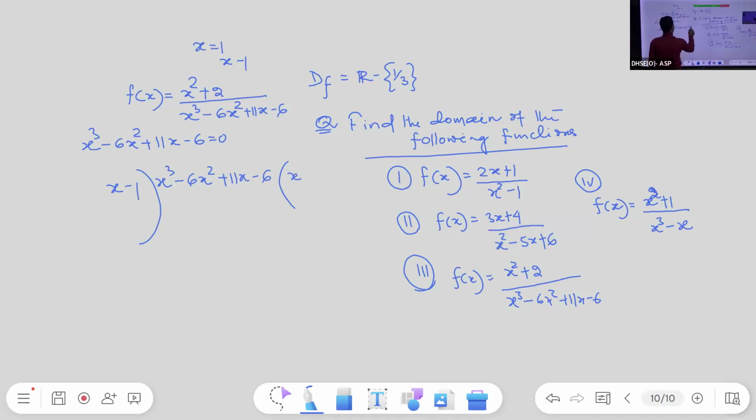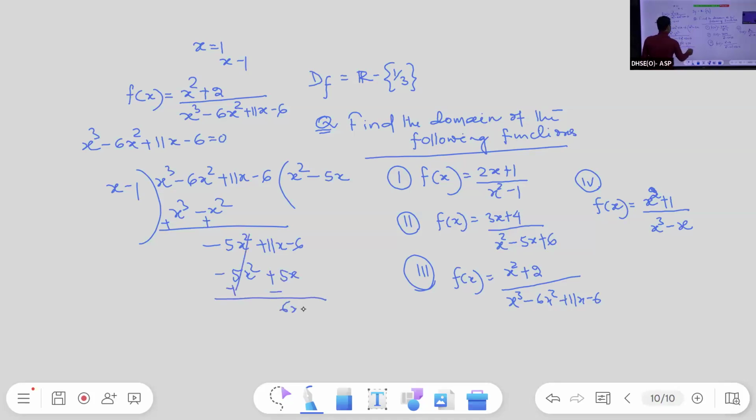So x cube minus x square, minus plus minus, 5x square plus 11x minus 6. Now I can take minus 5x square plus 5x, plus minus, so 6x minus 6. Then we can take 6x minus 6, which is equal to 0, right?